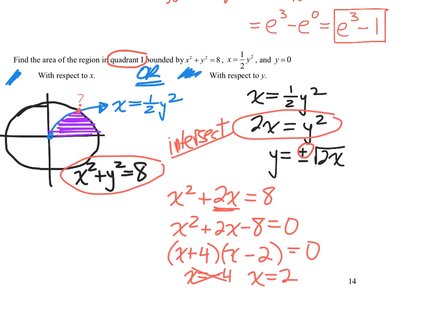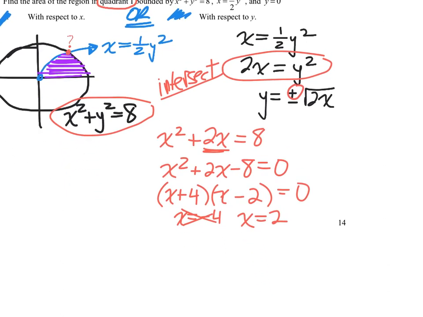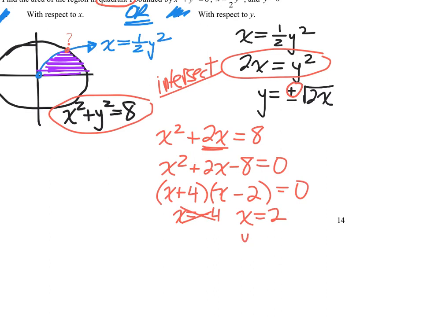So we have a 2 as the x value. Then I just need the corresponding value of y. y is equal to the positive square root of 2x, which is also 2. So I now have my intersection point at (2, 2).